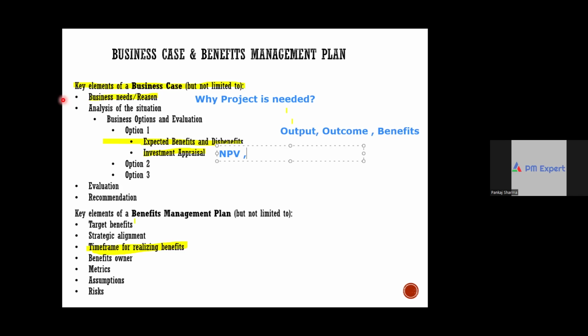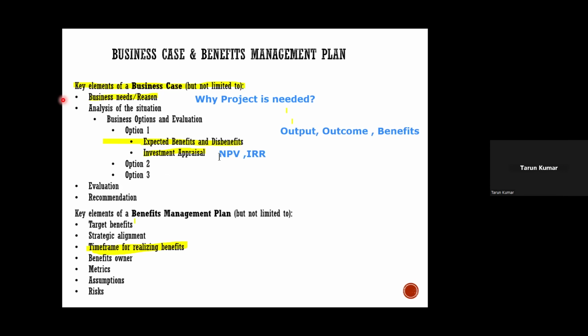Another thing is IRR, internal rate of return. NPV is the most preferable. Sometimes you look at IRR also as secondary data. These two techniques are used to find out the investment appraisal for commercial projects. Now, for example, to solve this business problem, we have option 1, option 2, and option 3, and obviously these options will have different NPV.